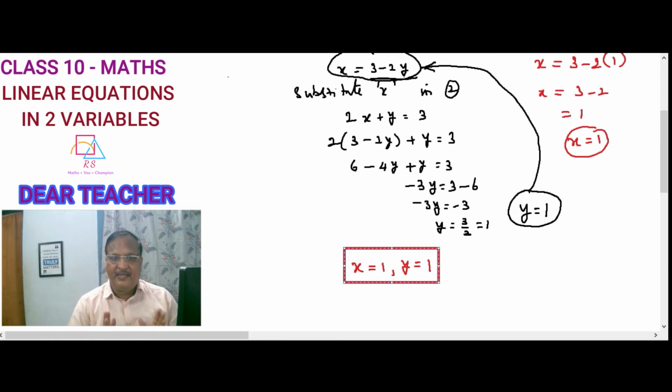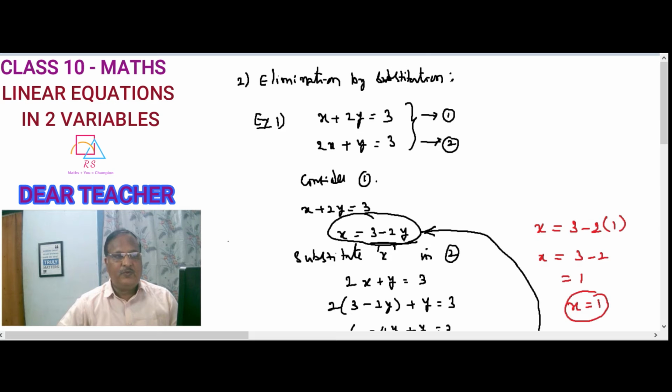Very simple. Again I will explain. First, two equations will be given. You take any one equation. In this case I have taken the first equation. You can take the second equation also. You consider any one equation and find the value of one variable in terms of another variable, that means the x value in terms of y, or the y value in terms of x.